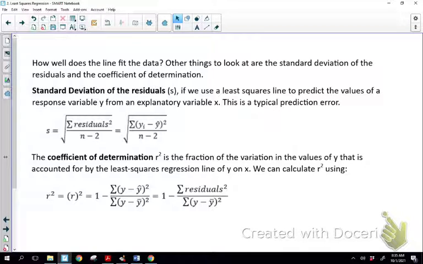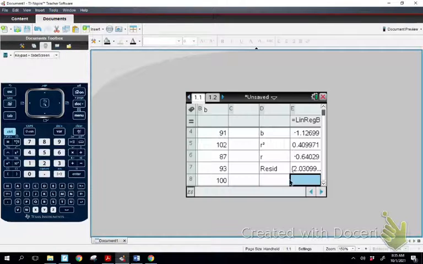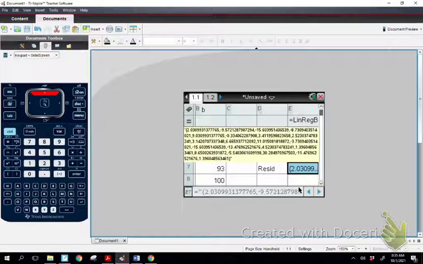determination. So first off, if I was to take every one of those residuals, remember a residual is calculated actual y minus predicted y, and the calculator does all of those for you. So if we look at the calculator, they are right there, all of those.